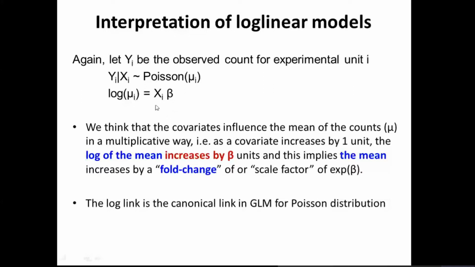That means the mean mu is affecting the outcome multiplicatively, because when you change this logarithm into an exponential, as x increases by a certain unit, then y will increase by a constant factor, not by a certain amount, by a factor of exponent of beta, like the hazard ratio or odds ratio.